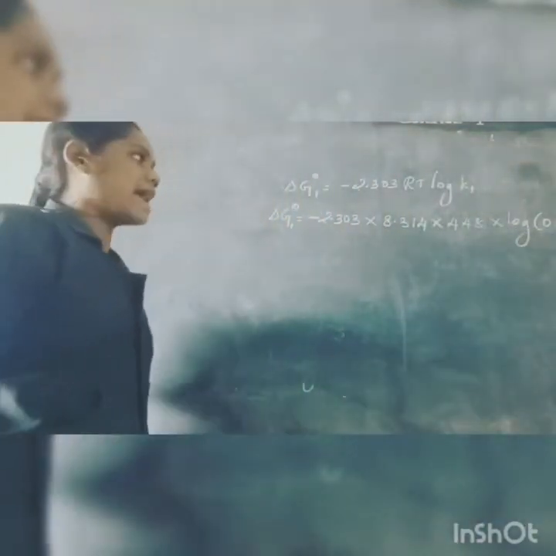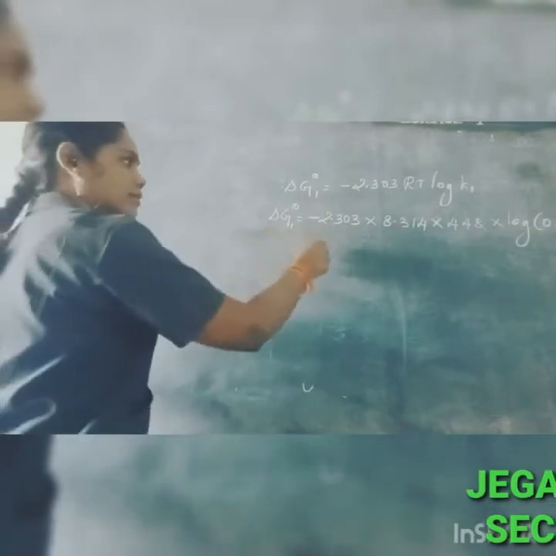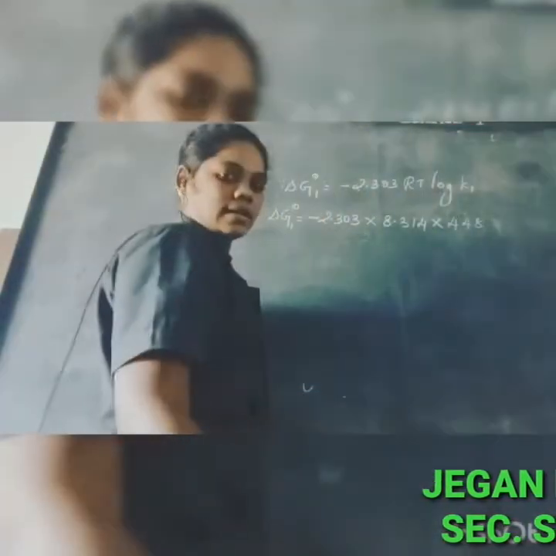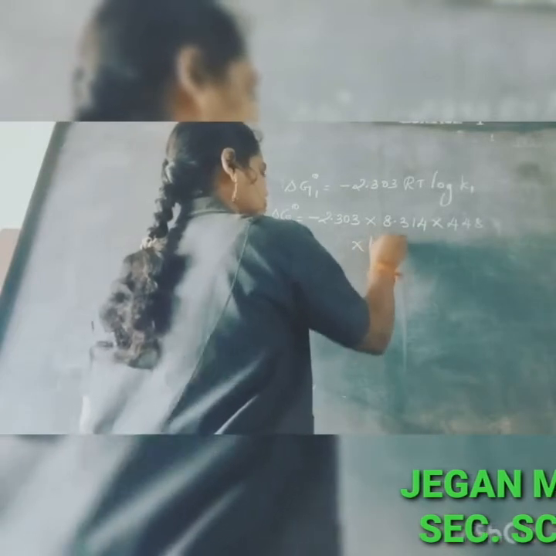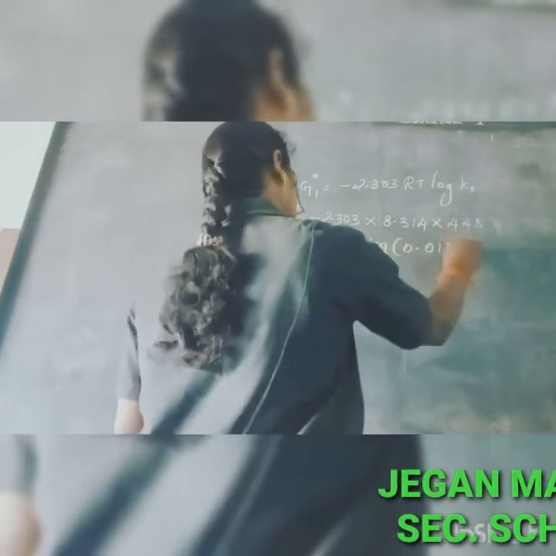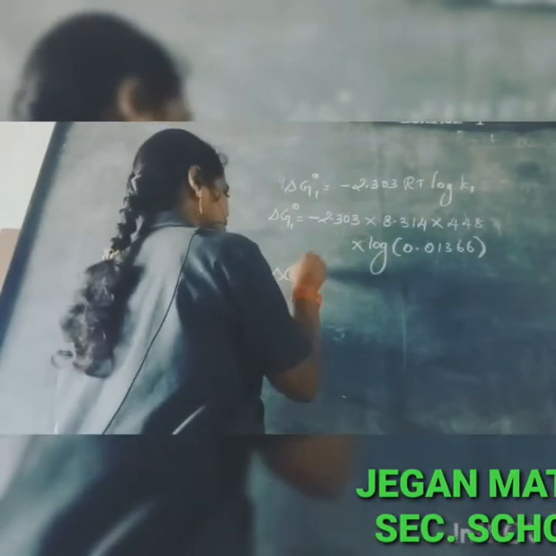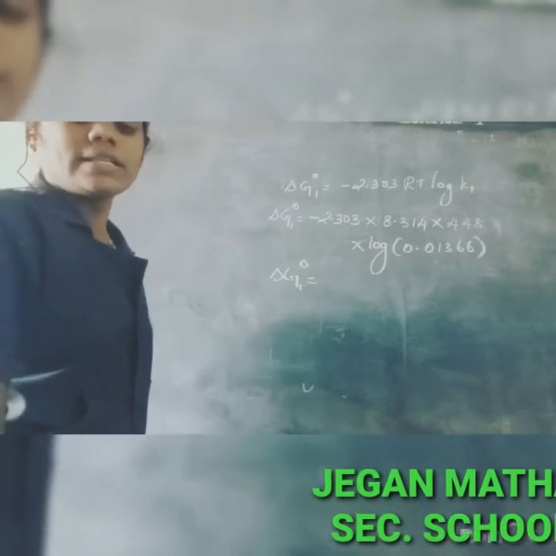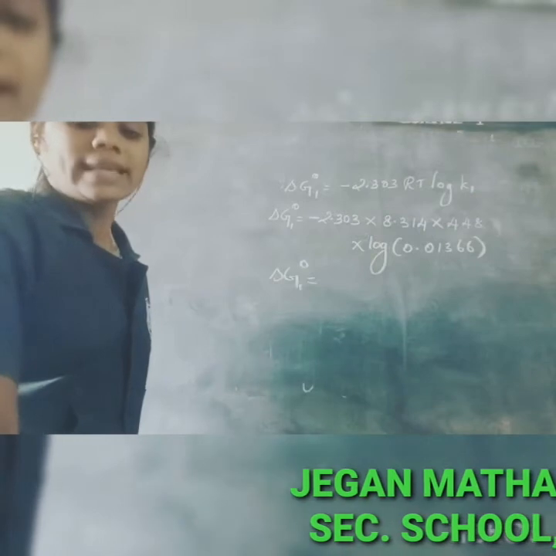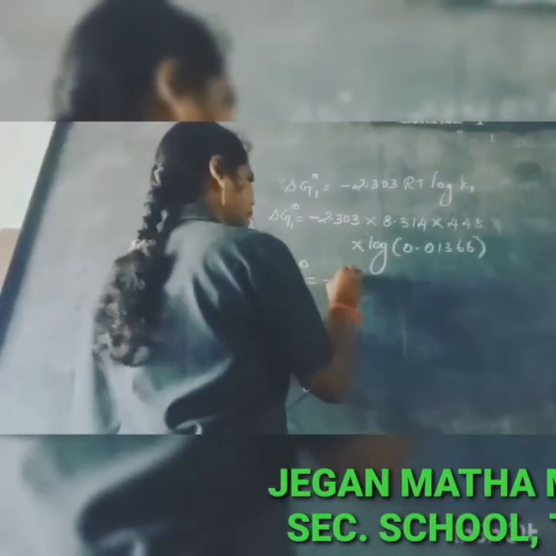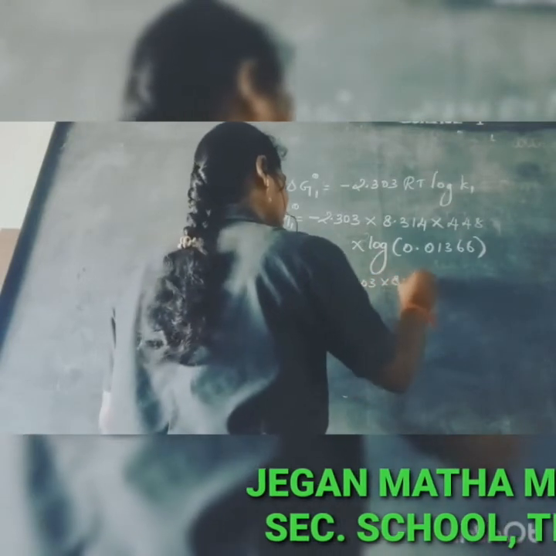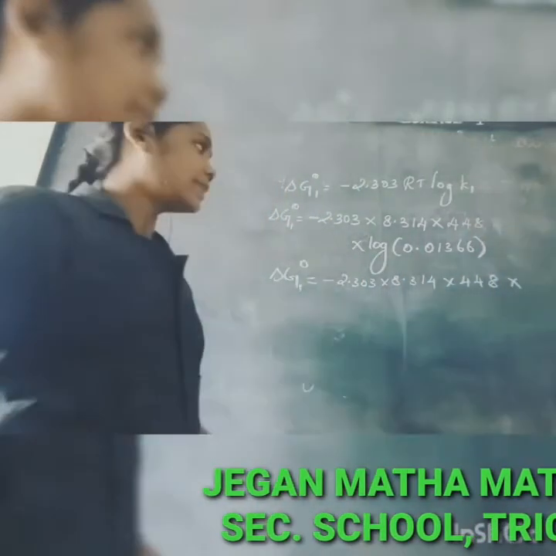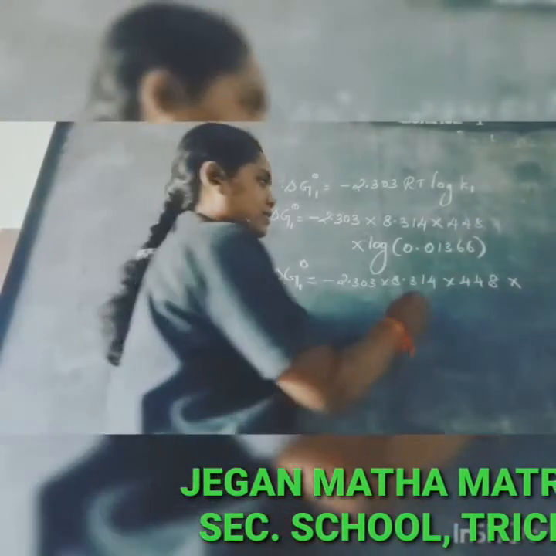Okay, so after that, del G1 naught is equal to minus 2.303 into 8.314 into 448 into log 0.01366. Here log 0.01366 value is 2 bar .1366, that is minus 1.866.